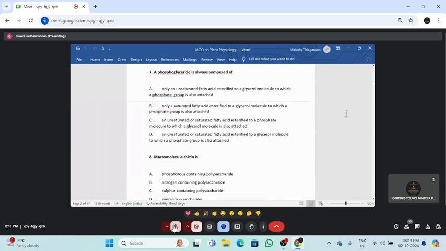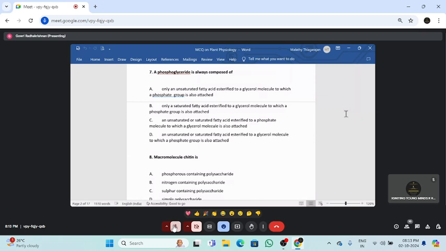Seventh one, a phosphoglyceride is always composed of? Definitely, you will get a lot of questions in this biomolecule part of the chapter. So you have to be thorough with these things, children.